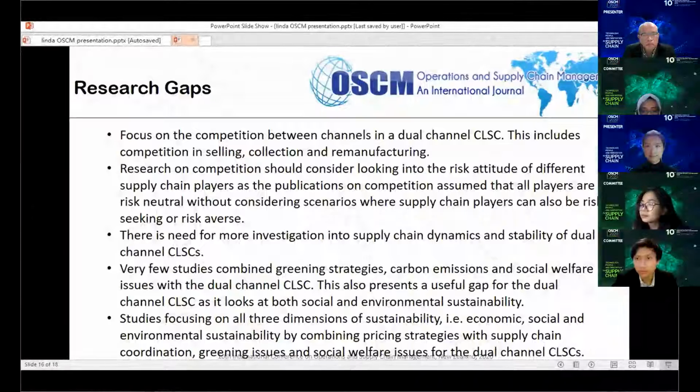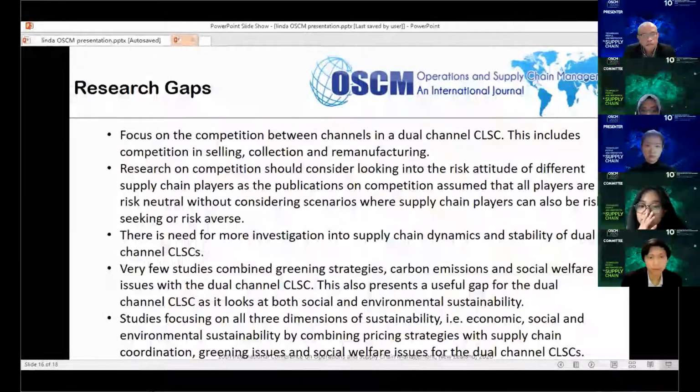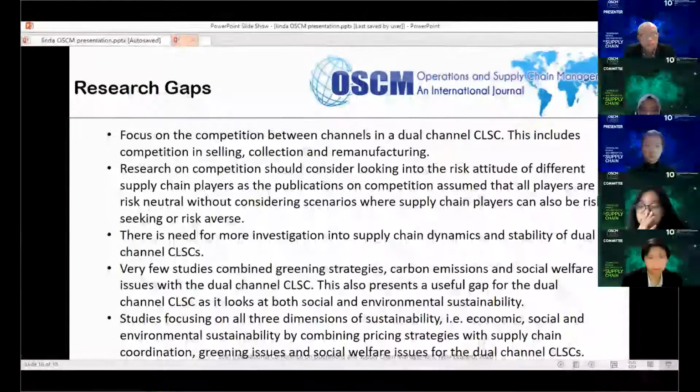And we have very few studies combining greening strategies, carbon emissions, and social welfare issues with dual channel closed loop supply chains. As you can see, the most concerning issues right now are things like social and environmental sustainability, and these need to be looked into more by studies of dual channel closed loop supply chains, focusing on all 3 dimensions of sustainability.